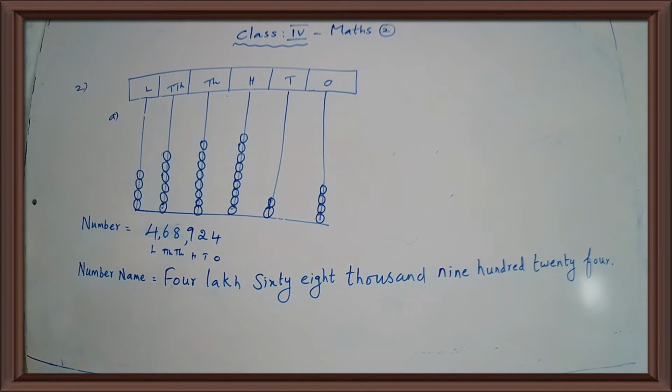Do it fast. Your work is in the book only. Don't copy in the classwork note. Only write in the book. Write fast. Second question, A part, page number 10. Diagrams are already given, so you do only the beads. You draw only the beads and write the number name.